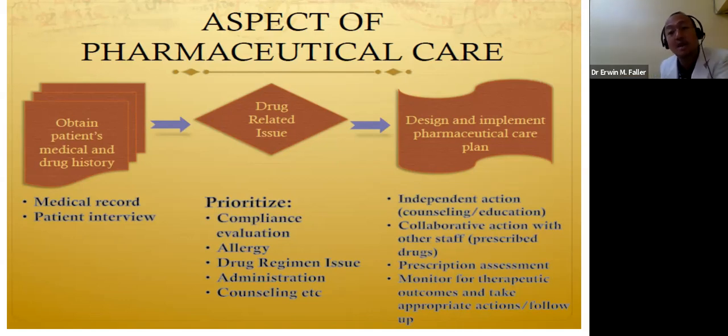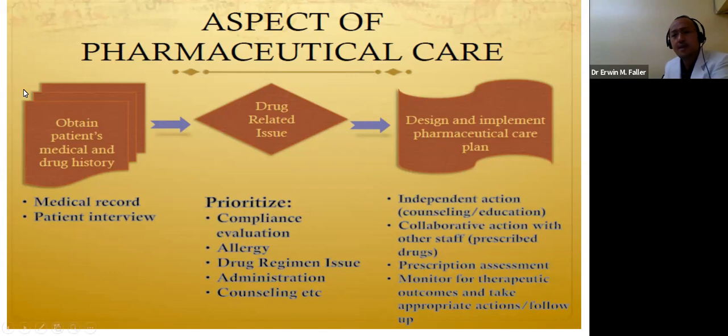You need to inform the prescriber and other healthcare providers of what you are doing and what data you have searched, because that is the information you need to give them. There is also constant monitoring, not only from your side as a pharmacist but also by other healthcare providers, and this needs appropriate action and follow-up from all healthcare professionals.